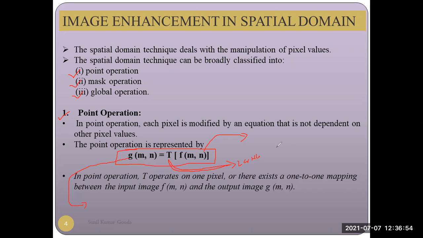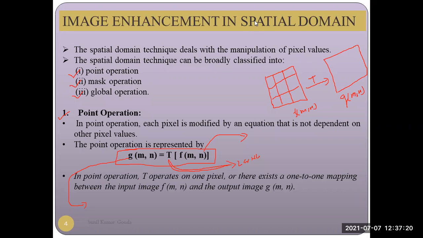So if I draw, this is my original image f(m,n). Let me draw the coordinates. Now suppose these are the individual pixels, and this is my g(m,n), and now I'm performing a certain T operator. Now what will happen?